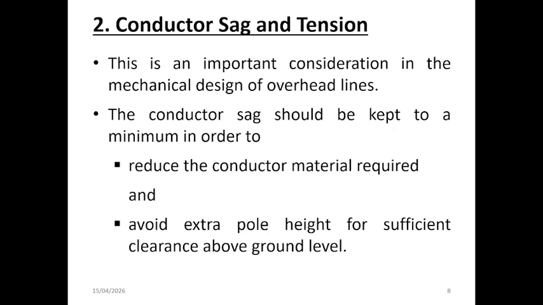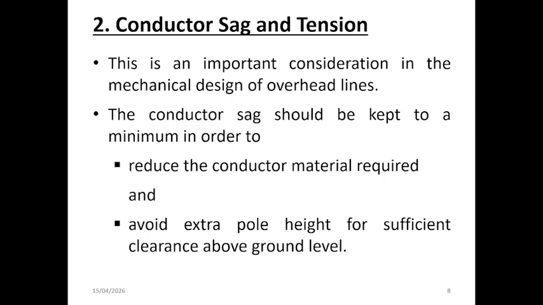Okay, this slide introduces conductor sag and tension, which are crucial considerations in the mechanical design of overhead transmission lines. As I told you before, sag is the natural dip of the conductor between two supports. I already showed you in the figure, and it must be carefully controlled.